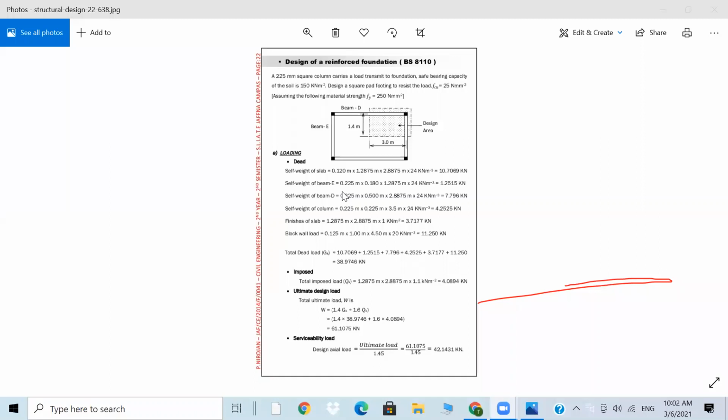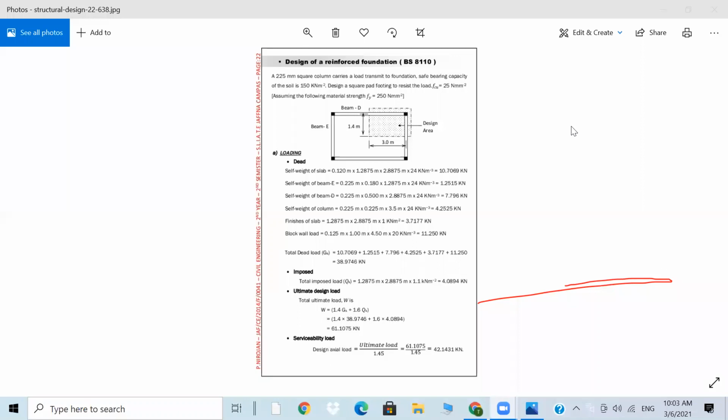So self weight of the beam, you can similarly count it as 0.225 and 0.5, the depth of the beam, and 2.88 the width, and after that once again 24 kilonewton.